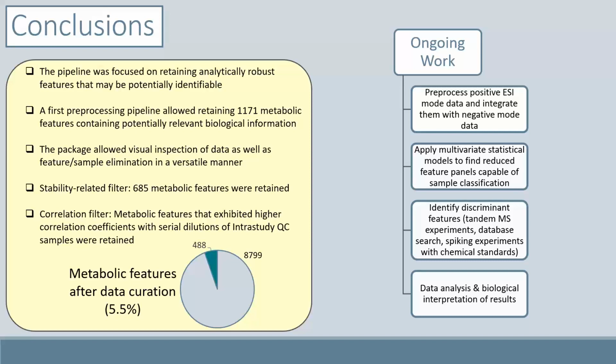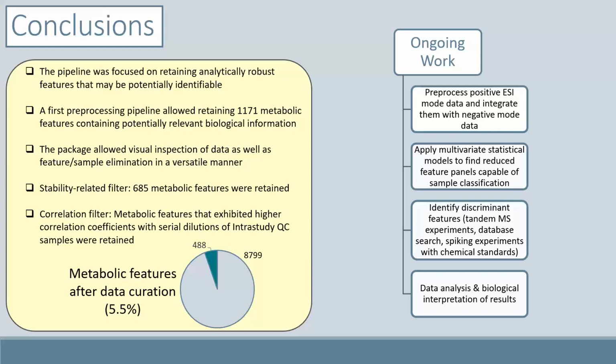The package allowed visual inspection of data, as well as feature or sample elimination in a versatile manner, because the user can go back and forward easily when doing all the preprocessing steps. So after the stability-related filter, 685 metabolic features were retained. And then after the correlation filter, only metabolic features that exhibited higher correlation coefficients with serial dilution of intrastudy QC samples were retained.